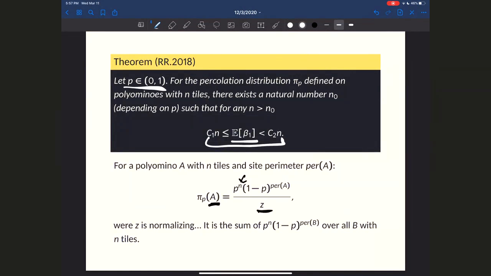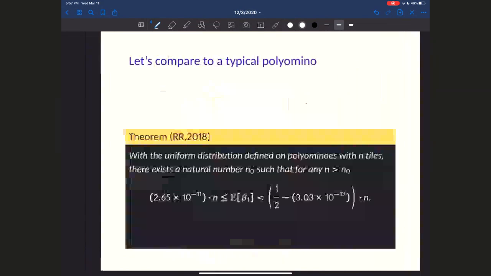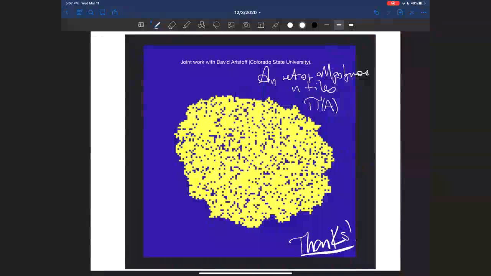By the way, all polyominoes have a positive probability of appearing in the Eden model. But the model favors some of them, and the ones that it favors are the ones that have the holes pushed to the boundary. That's why you will never see structures like this in the Eden model.